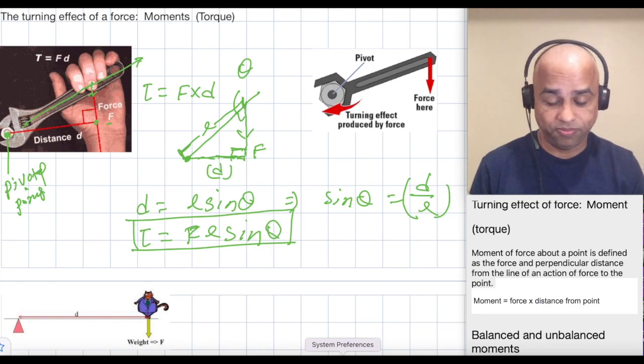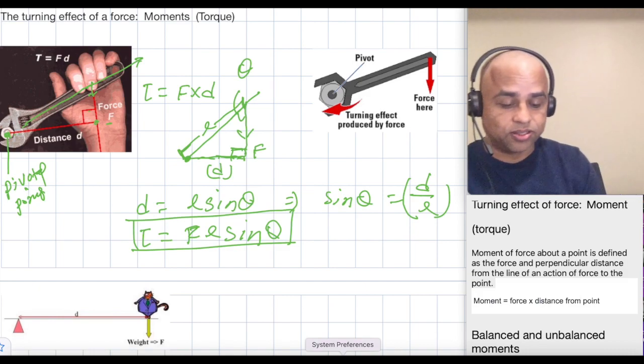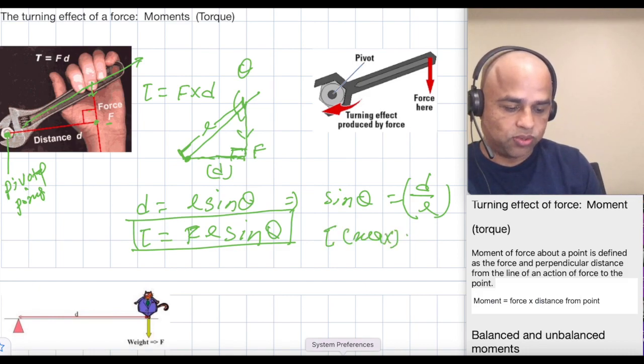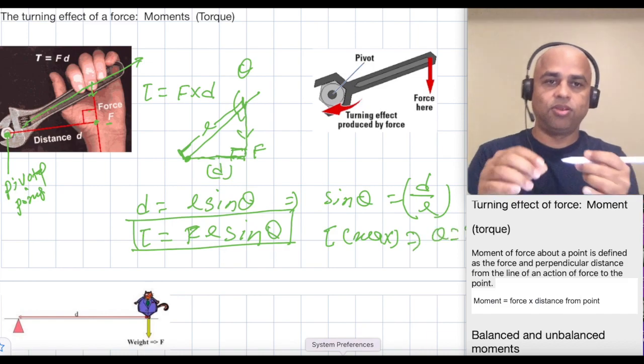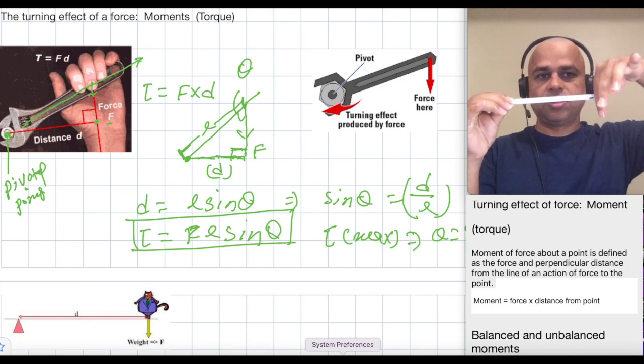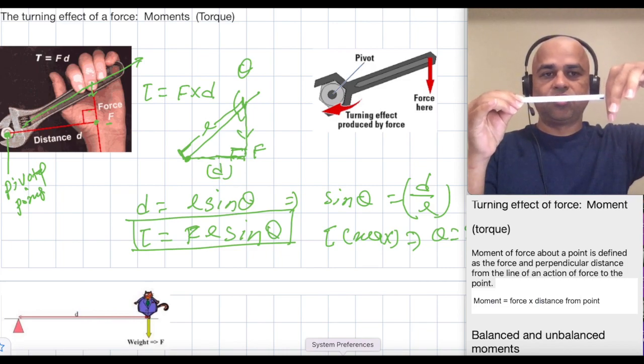This is simple. And where is the maximum? Torque is maximum when theta is 90. When you apply the force in this direction, when theta is 90, your torque will be maximum.